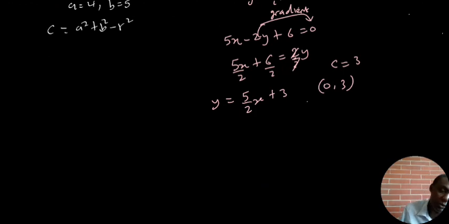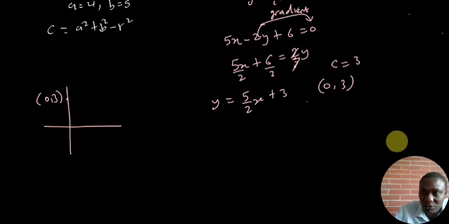So let me draw a circle to represent this. Now this is the y-intercept at this point, that is (0, 3), and the circle from the question passes through that point.